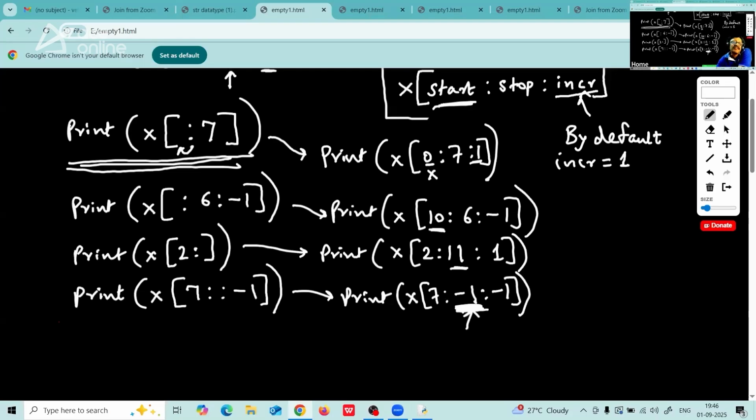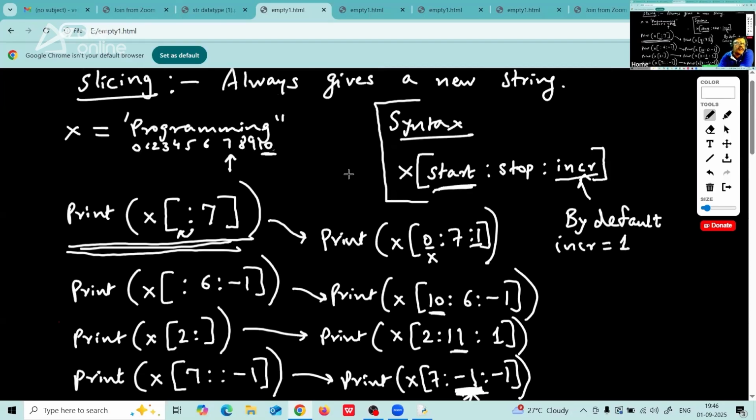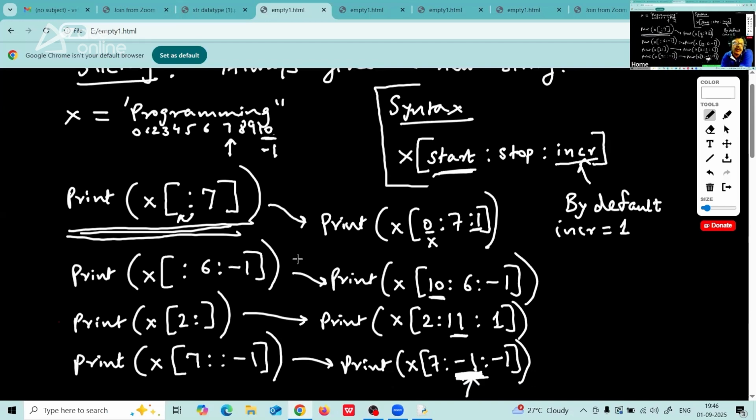This index, I have given -1. The student is asking, but you told that -1 is the last index of the string. Are you understanding what's the problem?